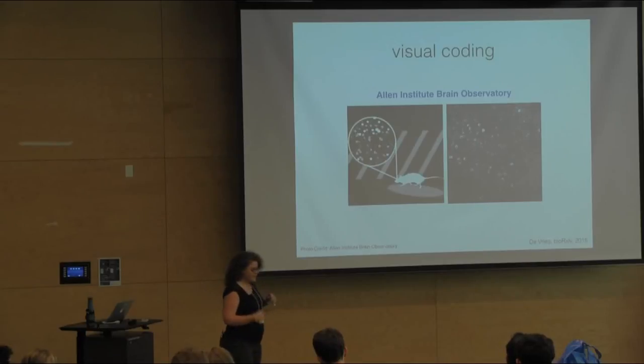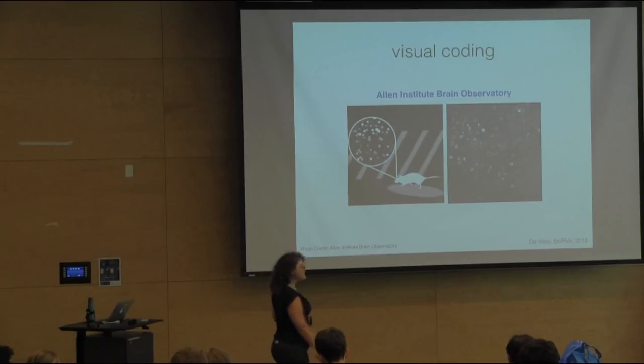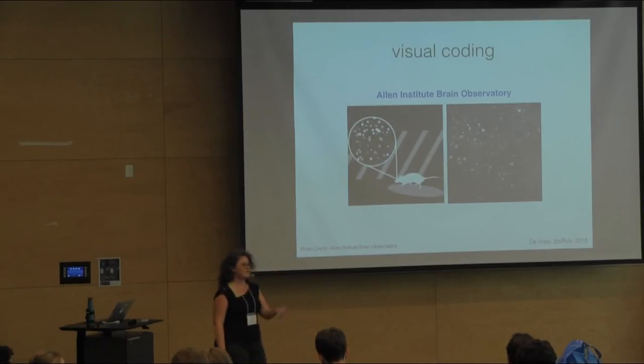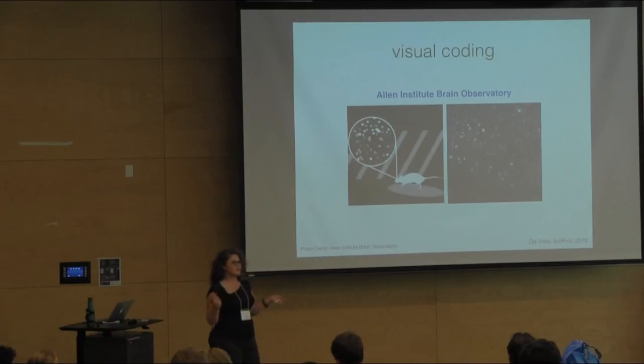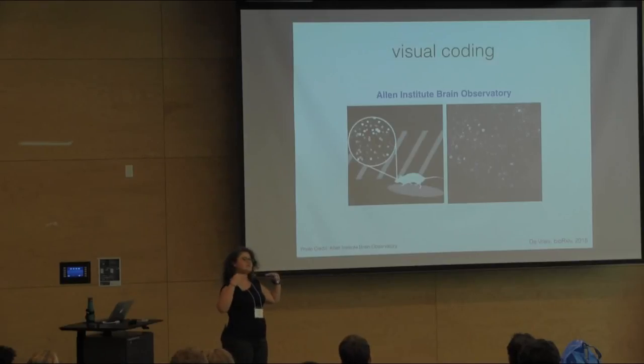Basically, the idea is that they have a mouse that's watching different visual stimuli. There are combinations of things like gratings, which are a bit more parametric and constrained, and in conjunction with that, they also show a lot of natural movies and natural scenes to the mice. All the while, they're recording the activity of these populations of neurons using 2-photon calcium imaging.